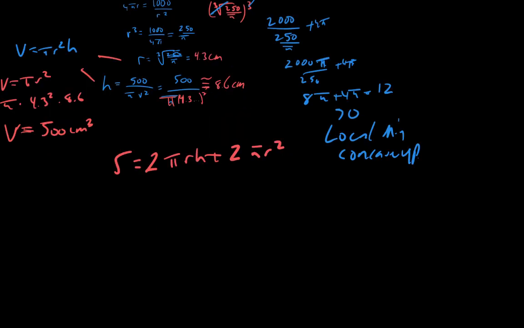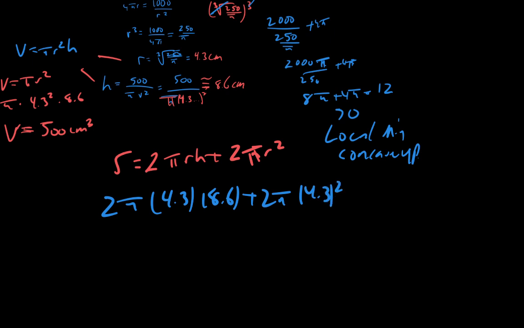My mistake, it's 2 pi rh plus 2 pi r squared. So now we plug these values in. 2 pi times r, which was 4.3, times h, which is 8.6, plus 2 pi times 4.3 squared.